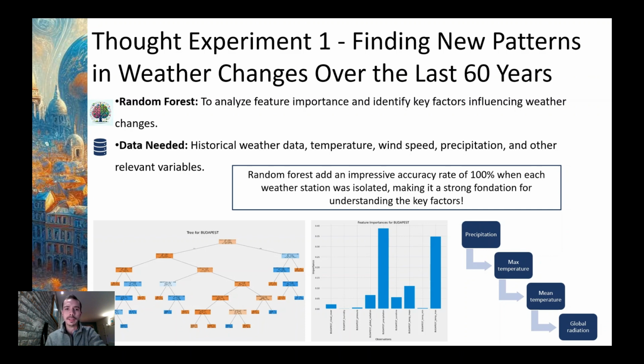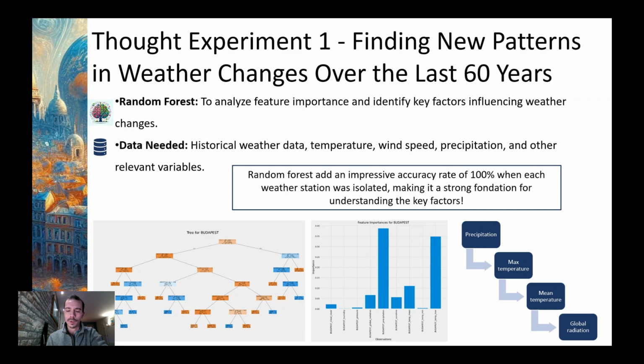As data needed, we have the historical weather data by temperature, wind speed, precipitation, and all other relevant variables, meaning we don't need any other data than the one provided.